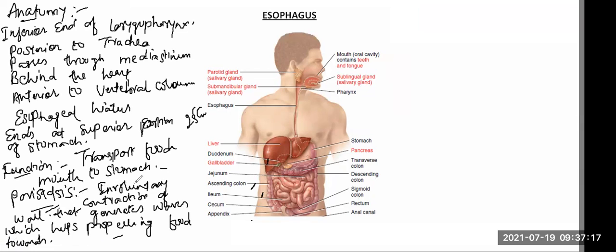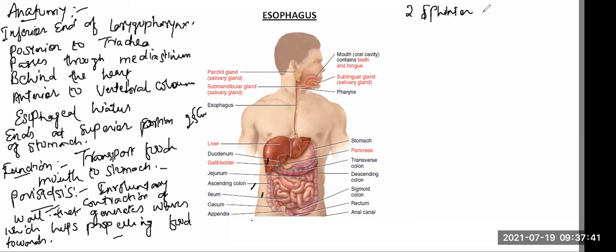Let's look into this esophagus a little more. It has two sphincters, which again have a very important part to play in the movement of food.